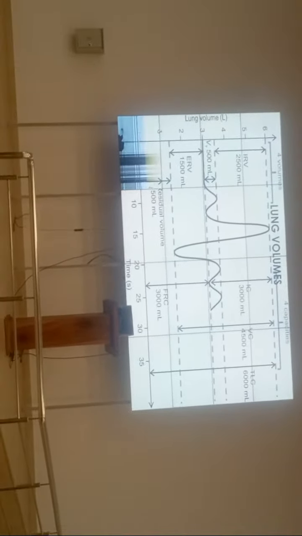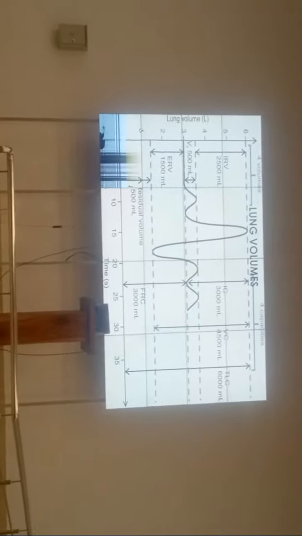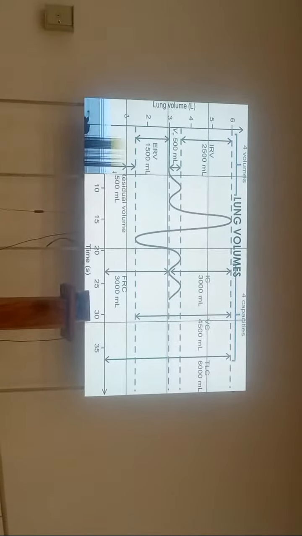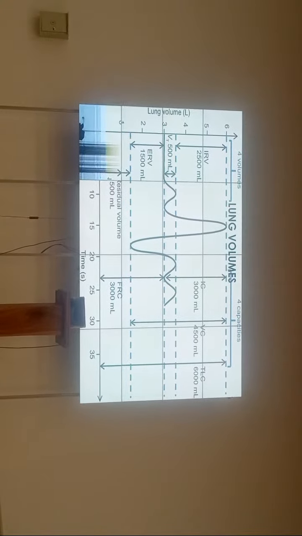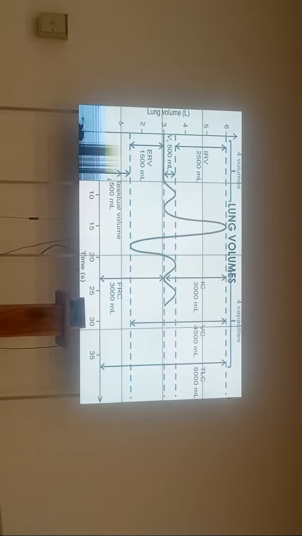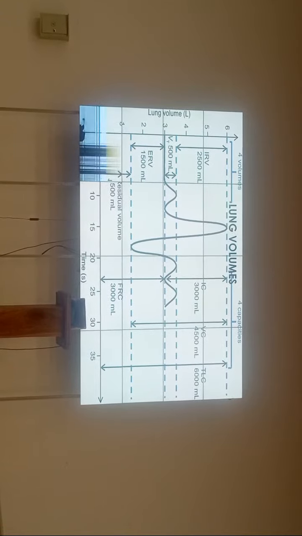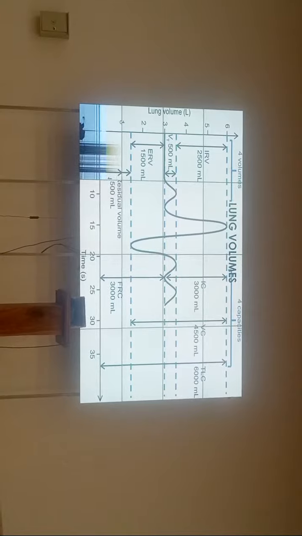You understand? Then even when you force all the air out and you blow as much as you can, there is a certain amount of air which never leaves the lung. This is called the residual volume. This residual volume is important because it keeps the lungs open.